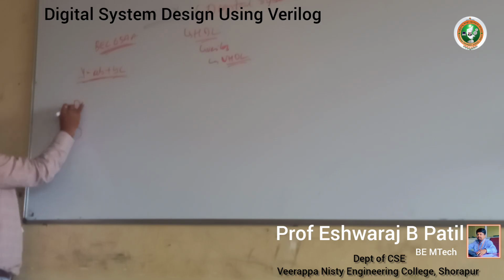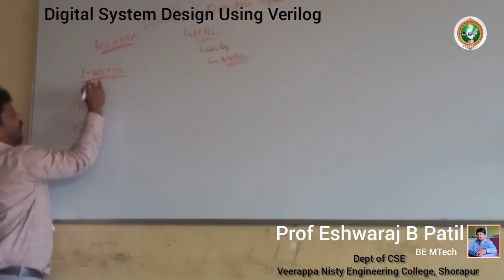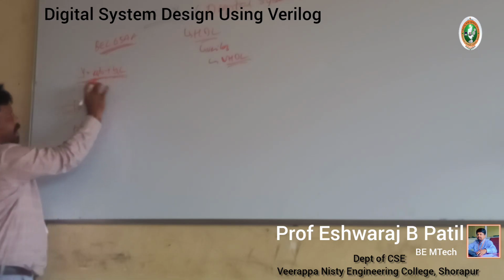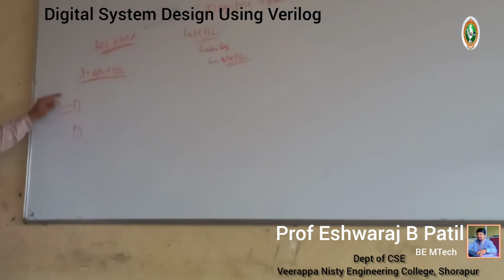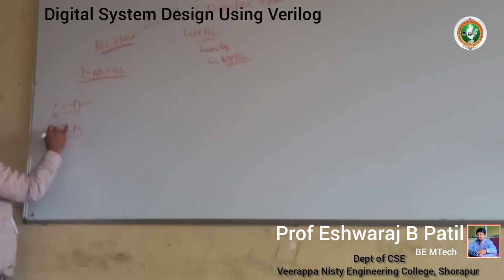We need two AND gates and one OR gate. The AND operator for the first term with inputs A, B, and the second with B and C.